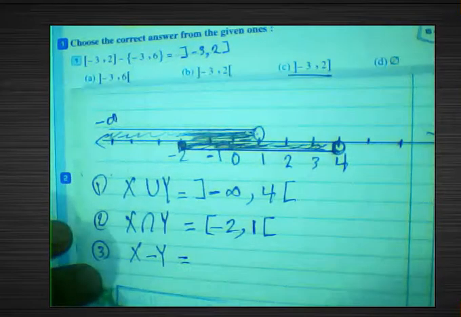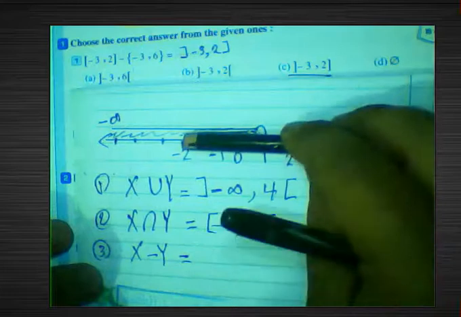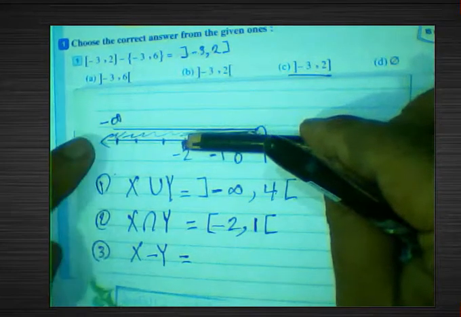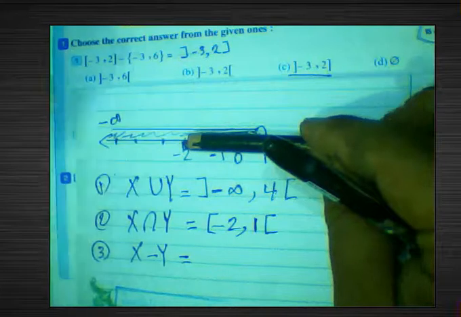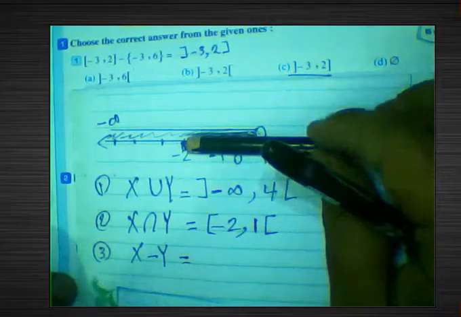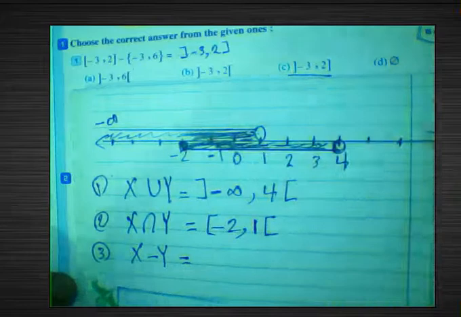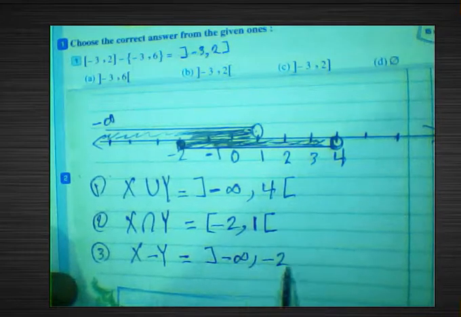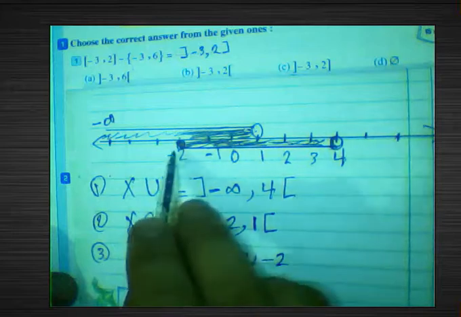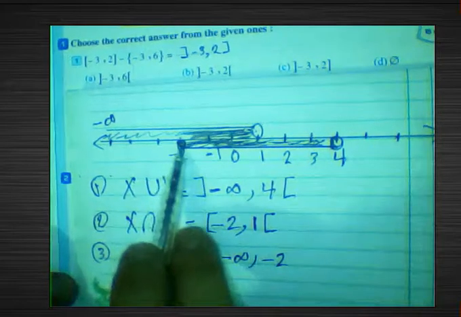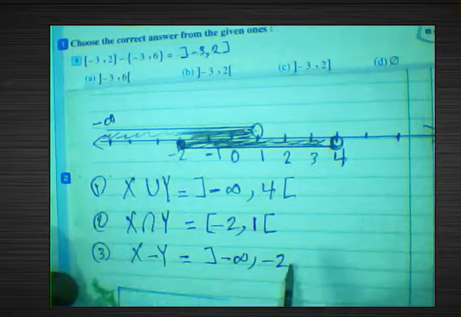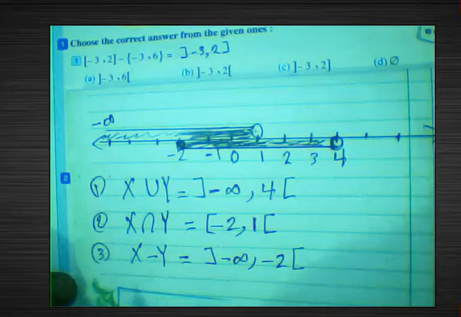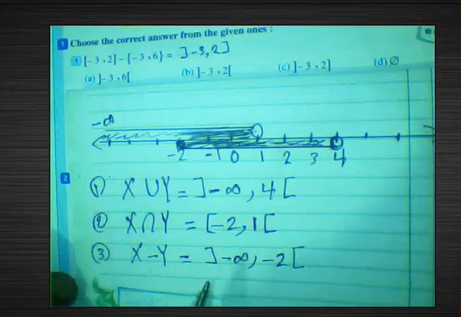Question number 3, x subtract y, or the difference between x and y. We will cancel y. So we have the interval from -infinity to -2 open. We will close it on the number line, but we will open it in the interval because we cancelled -2. Okay, that's question number 3.